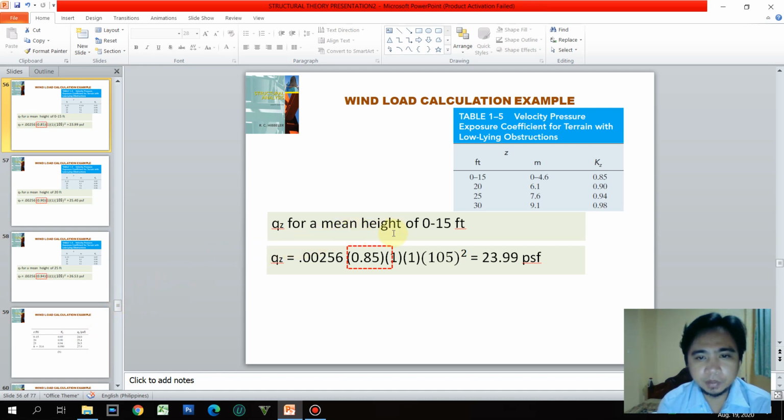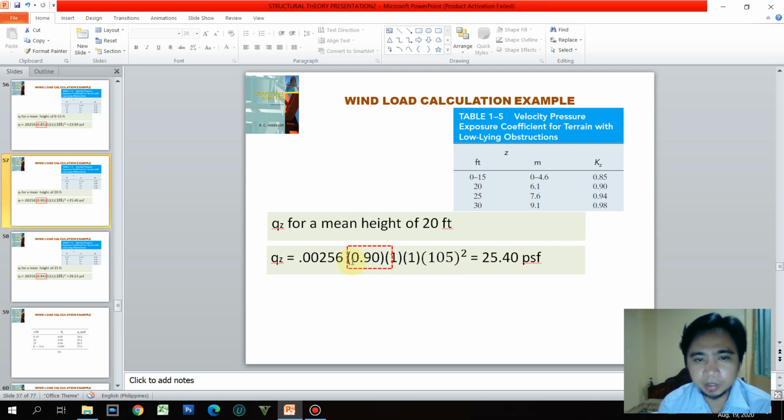So QZ for a mean height of 0 to 15 feet, we have here 0.85. 0 to 15, we have KZ of 0.85. So we'll just replace that in the formula, and then we have 23.99 PSF.